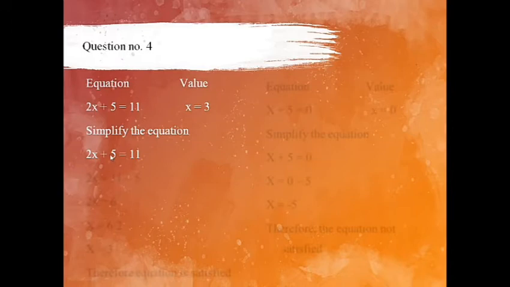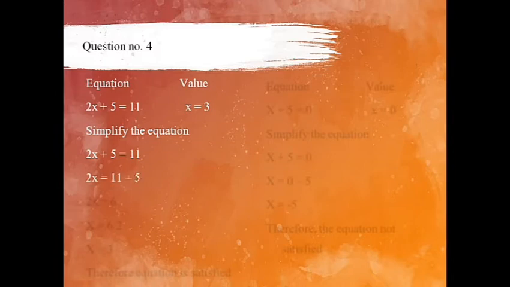Here 2x is a variable term and 5 is a numerical term, so we cannot perform the addition between these two, but we can transfer this 5 to the right hand side. Then plus 5 will become minus 5, and then 11 and 5 both are numerical terms, so we can simplify them. Okay. So here we will transfer 5 to the other side.